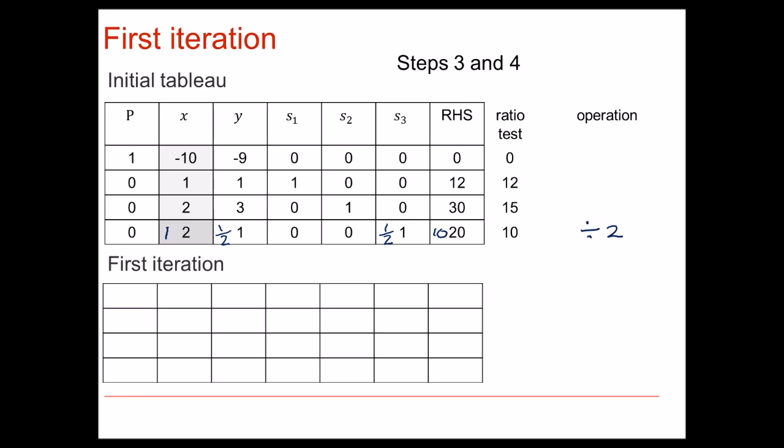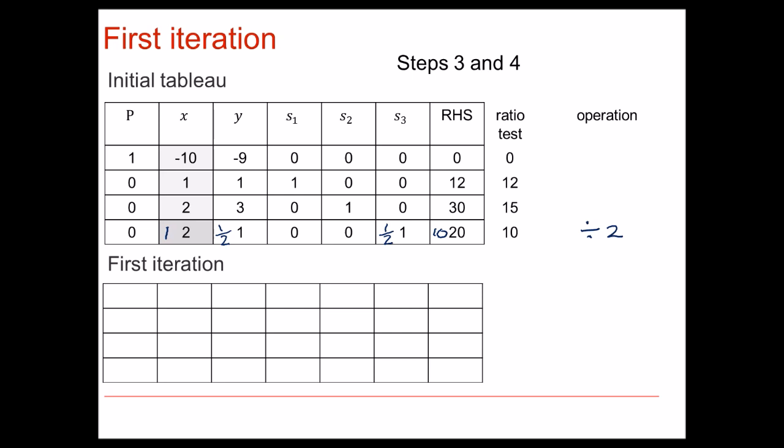It's worth making a note of those because the operations on all the other rows will be related to this new pivot row. In step 4, we use a multiple of this new pivot row, either added or subtracted, so that the pivot column becomes all zeros except for that single new pivot element of 1.